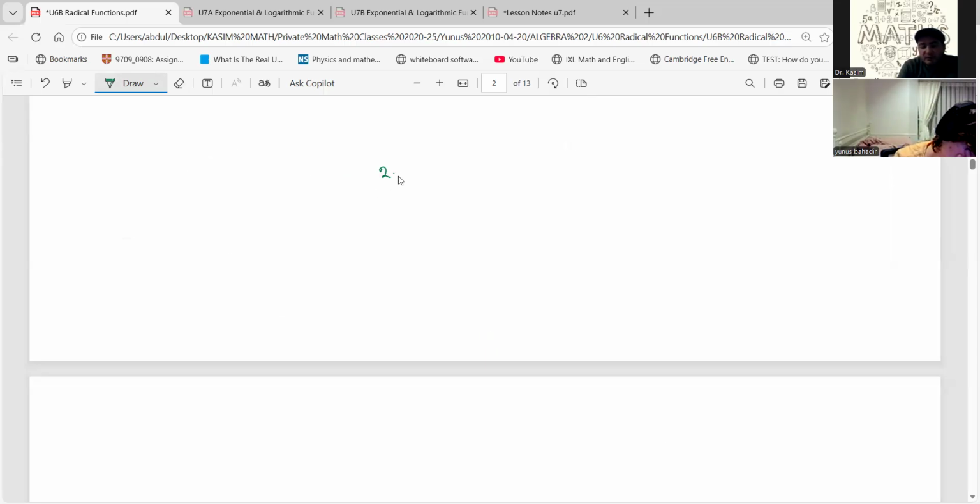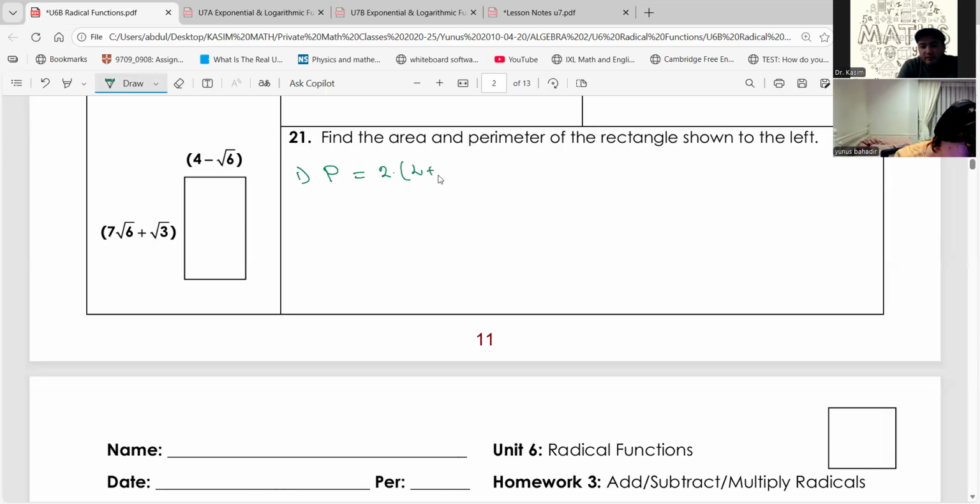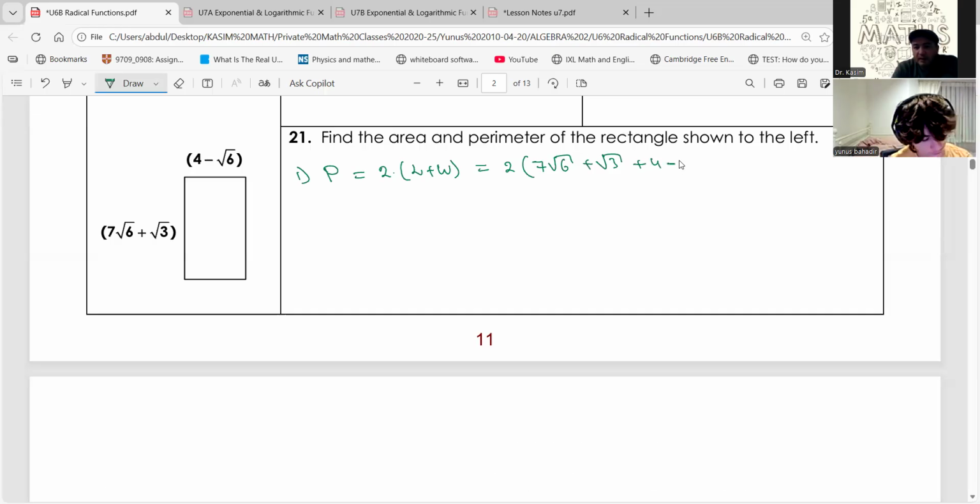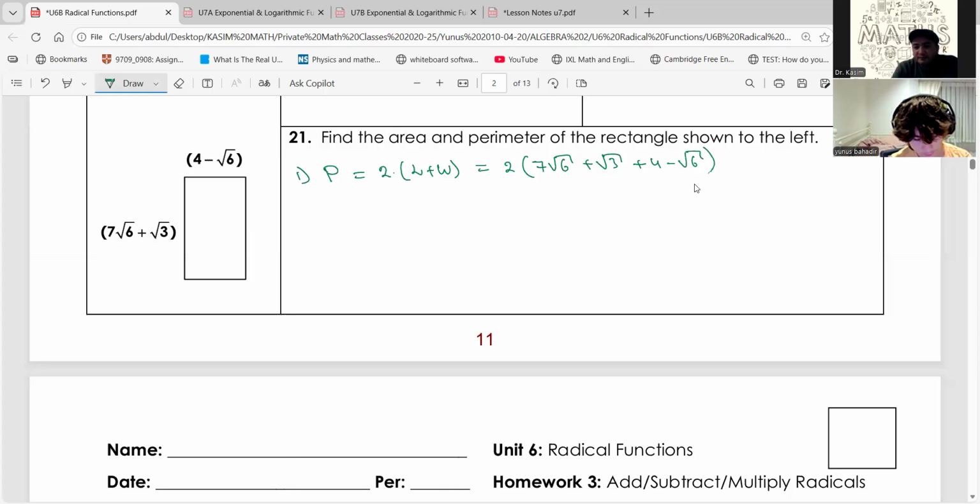So it is 2 times length plus width. So 2 times length. What is length? 7 square root of 6 plus square root of 3. And the width is 4 minus square root of 6, right?